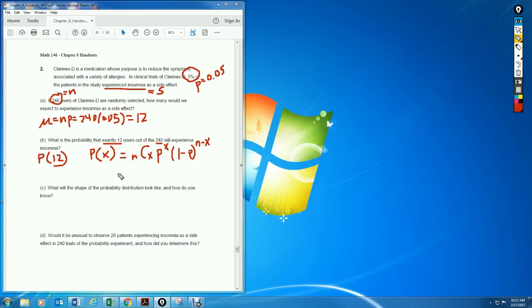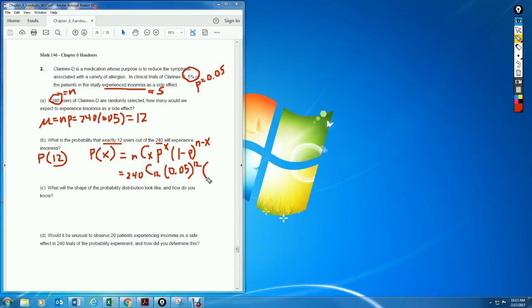All right. So what you're doing is you're doing 240 C 12, and you should be able to do that on your calculator. Then you're doing 0.05 raised to the 12.